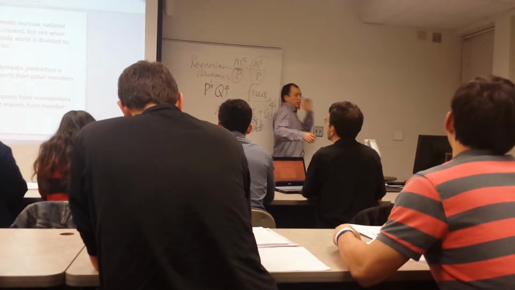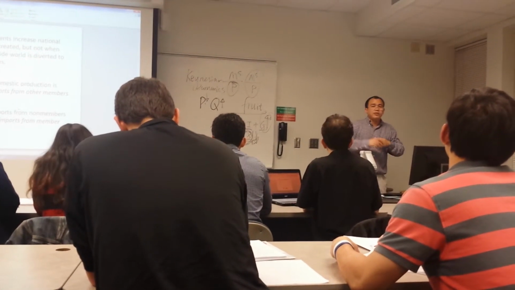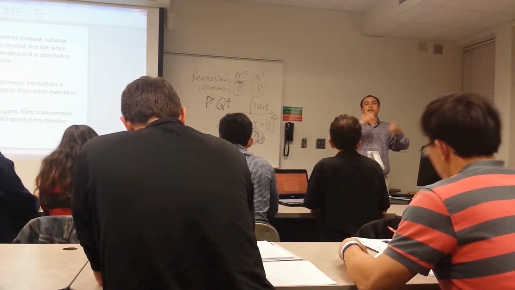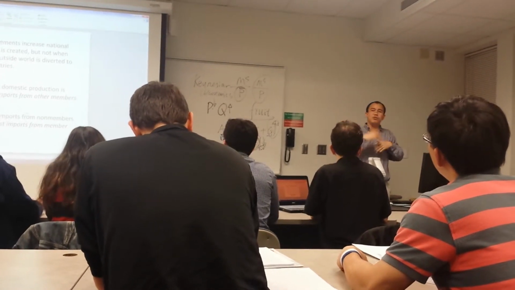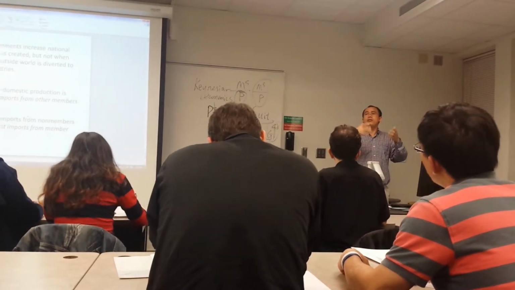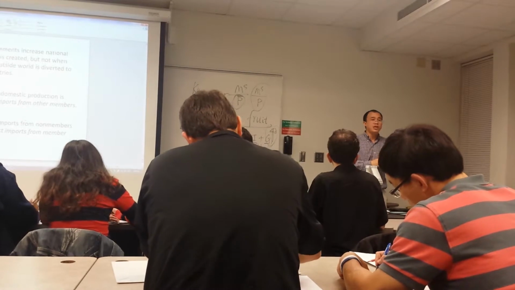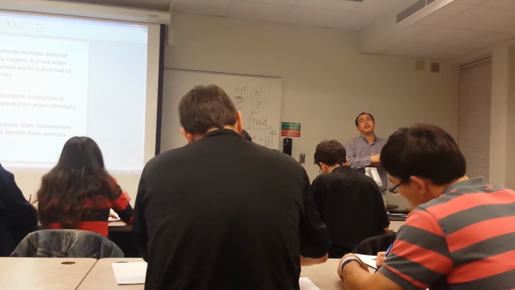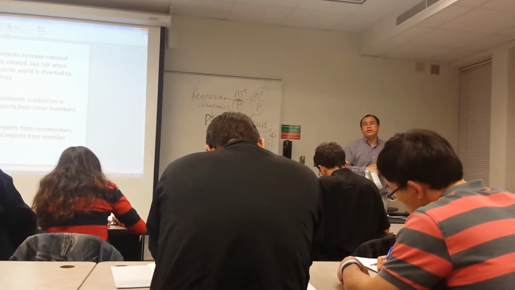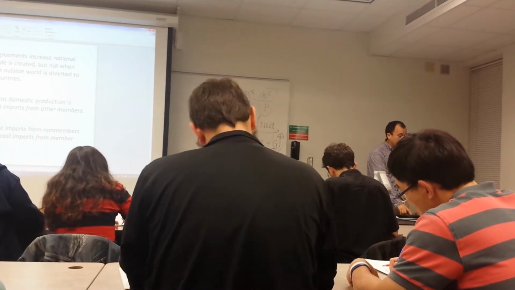Let's say you have a group of countries that may form preferential trade agreements. Whether it is trade creation or trade diversion, and whether it increases or decreases world welfare. You have several questions from this part.